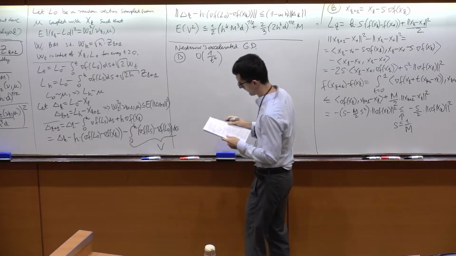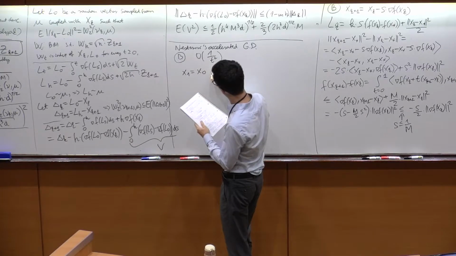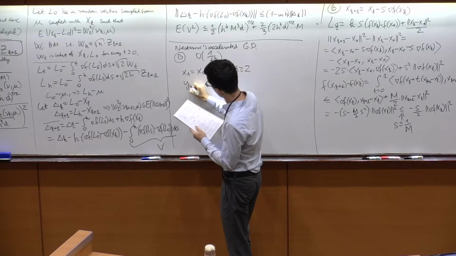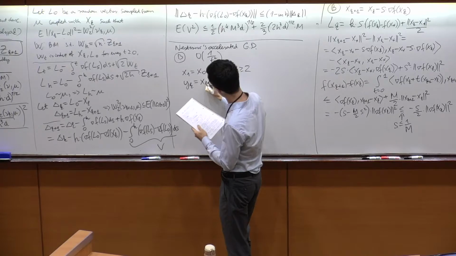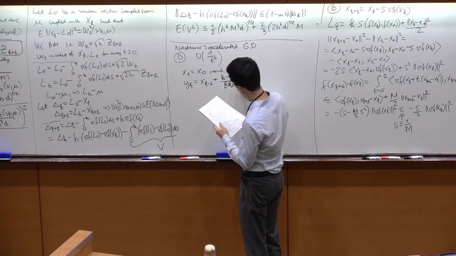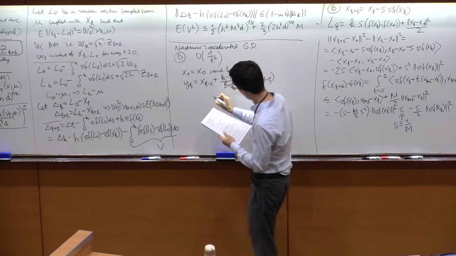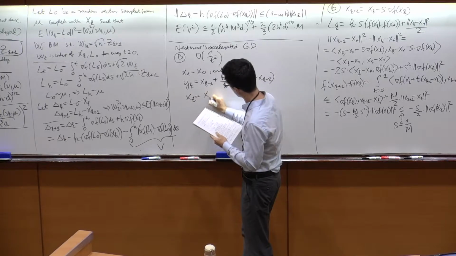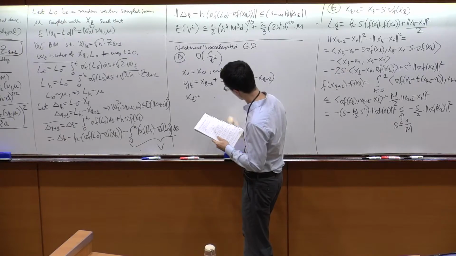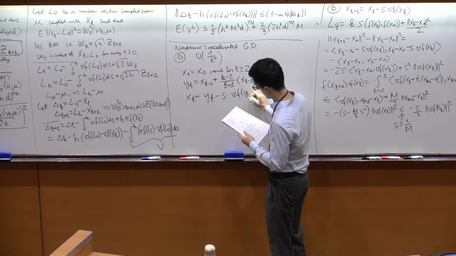So here is the algorithm. First you set x_1 equal to x_0, and for k greater than or equal to 2, you set y_k to be x_{k-1} plus (k-2)/(k+1) times (x_{k-1} minus x_{k-2}), and then x_k is equal to y_k minus s times gradient f(y_k).